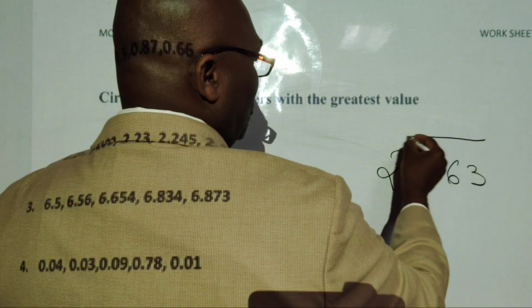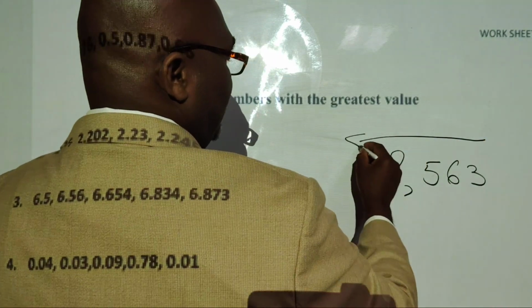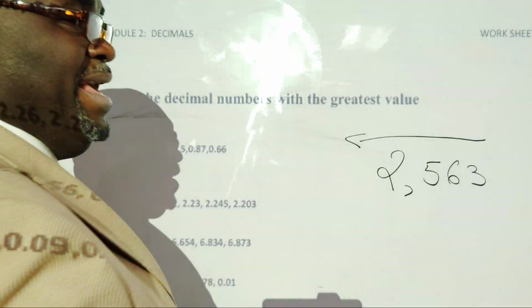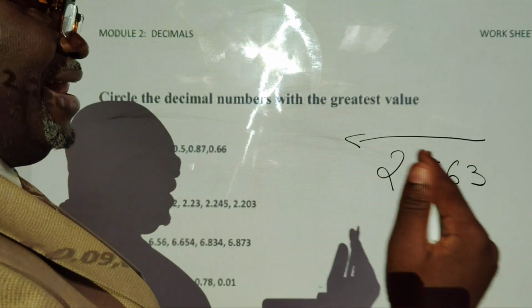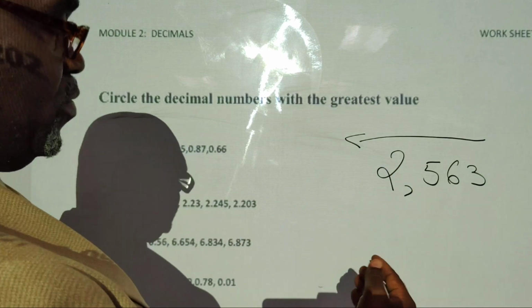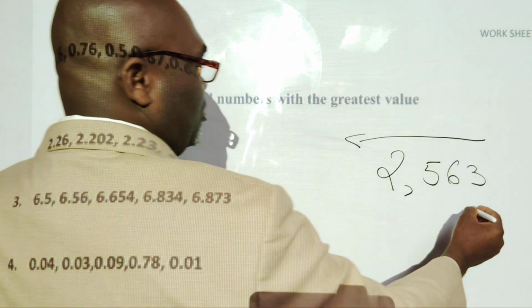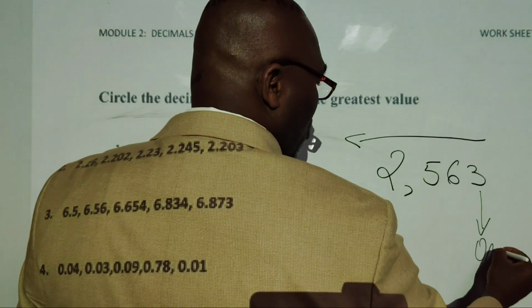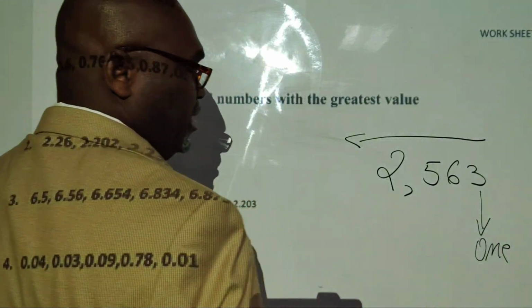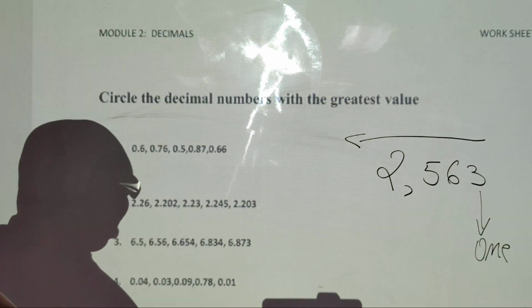We go from right to left. In any whole number, the number in the last place we call the 1, so that occupies the 1 place value.